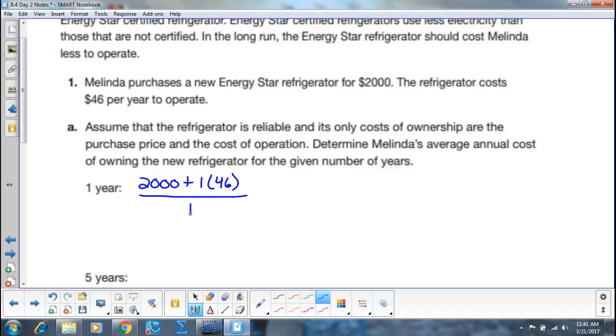So that is $2,046. Okay? Now, it's a lot of money, but she's probably not going to go out and buy a new refrigerator every single year. Okay? So she keeps it for 5 years.